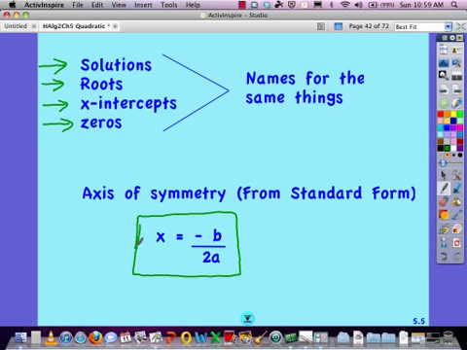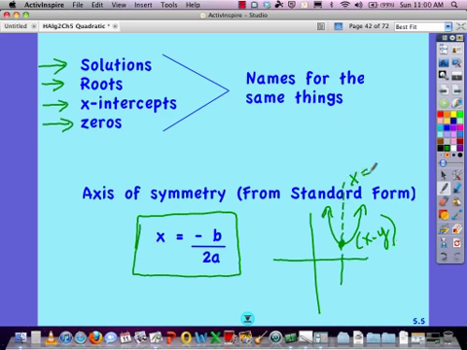So if it's the axis of symmetry, you know the x value is the x value of your minimum or maximum point. Because, quick visual, if here is our parabola and we drew that line of symmetry, we know that the xy ordered pair that's sitting there has to have the same x as that x equals number on the vertical line.